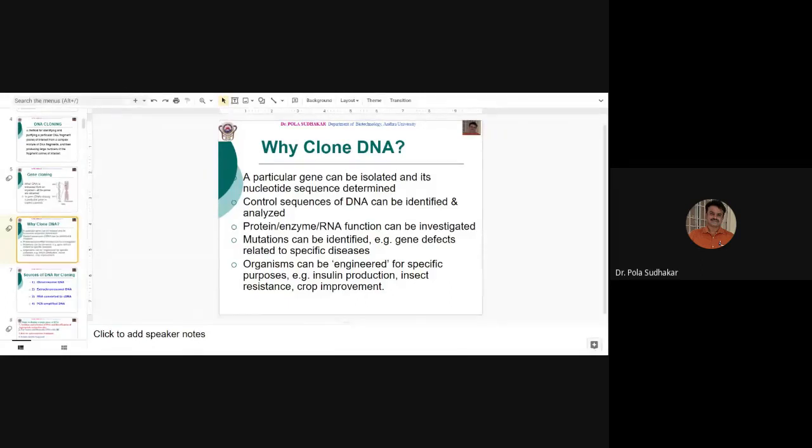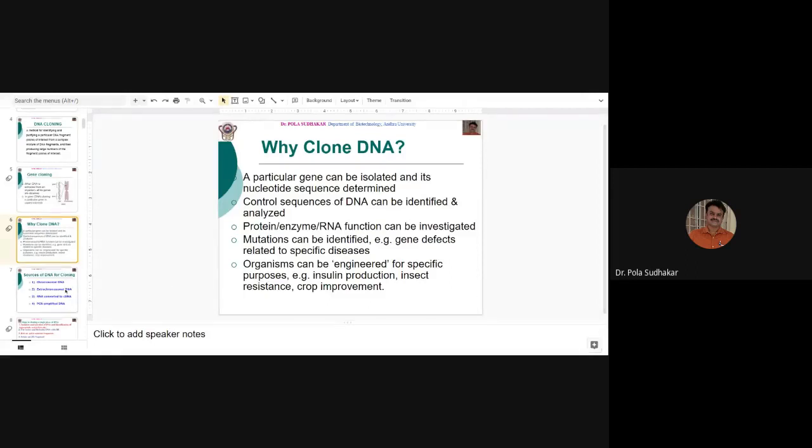It can also be used in genetic engineering for crop improvement, developing insect-resistant and pest-resistant plants, to overcome abiotic and biotic stress factors. Okay, we need DNA cloning.